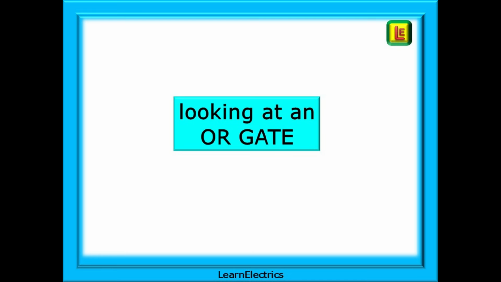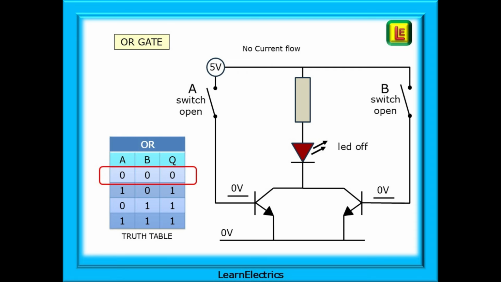An OR gate is next. Let's get a little more into this and have 2 inputs and 1 output. 2 switches now, which are input A and input B. We start with both switches open, so input A is 0 and input B is also 0. To get an output, in other words, for the LED to light up, current must flow through the resistor and LED.